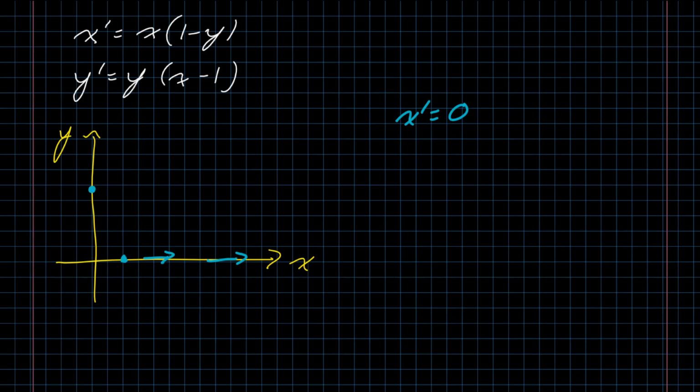But then in the y change, y prime equals y times 0 minus 1, which is negative 1. And since y is a positive number, we assume that the populations are always positive. That means that over here, the populations will continue to shrink. And they'll continue to shrink until we get to the point 0, 0.